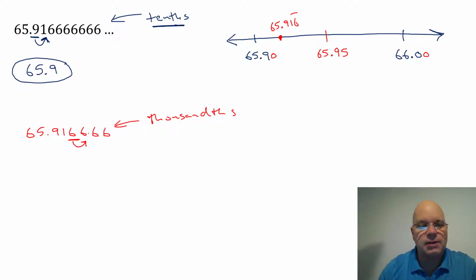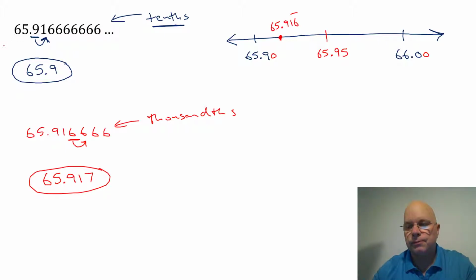And this time it is 5 or more, it's 6. And so we're more than halfway to the next thousandth, and so we should round this 6 thousandths up to 7 thousandths. So 65 and 917 thousandths would be this value rounded to the thousandths place.